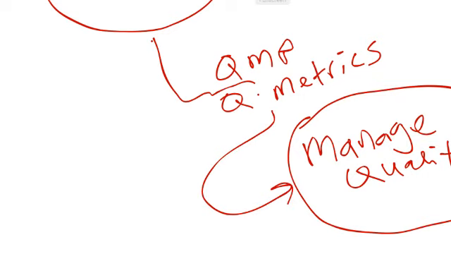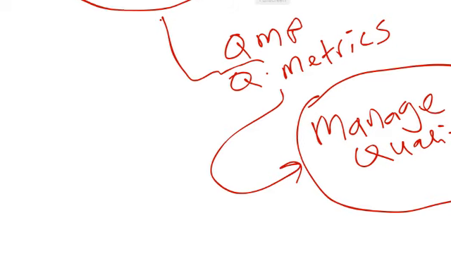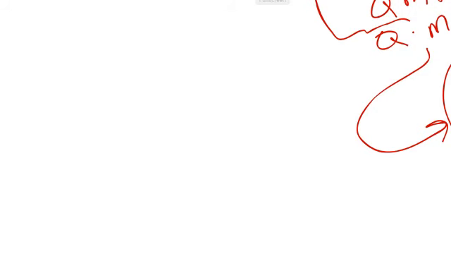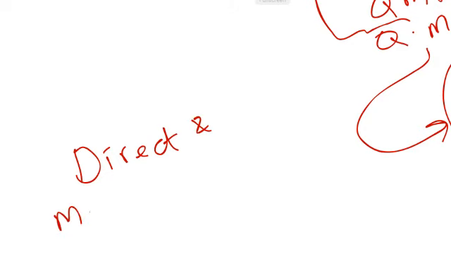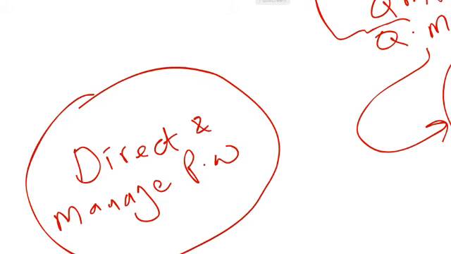And then we can see that from the process known as direct and manage project work, we are going to get work performance data, WPD, and we're going to get deliverables.